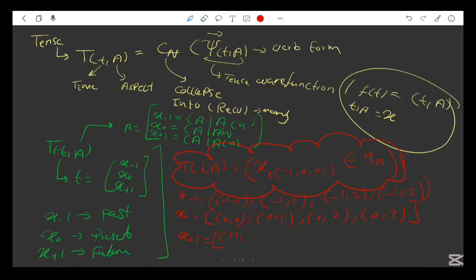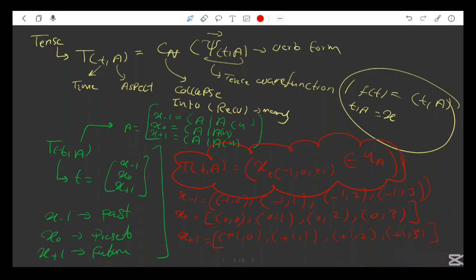Let me write clearly so that you can see it. Positive 1 and 0, which is simple future tense, and positive 1 and 1, which is future continuous, and positive 1 and 2, which is future perfect, and positive 1 and 3, future perfect continuous tense.